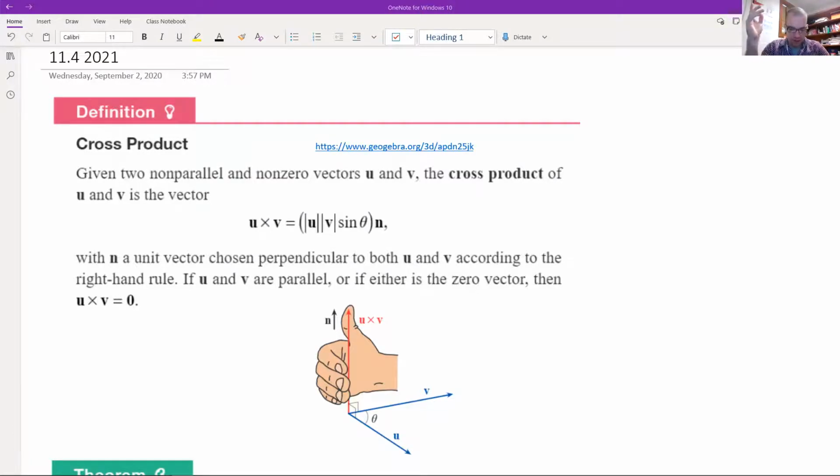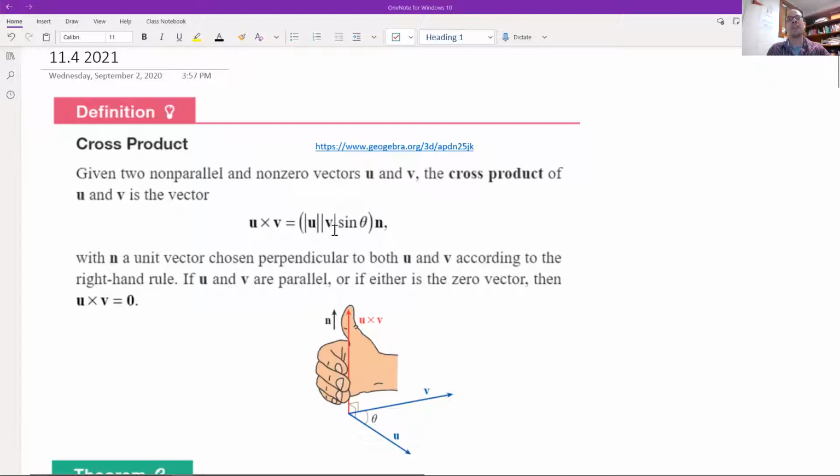Given two non-parallel and non-zero vectors, u and v, the cross product is defined as a vector. So dot product was just a scalar, just a number. The result of the cross product is actually going to be a new vector. And what this will be is the magnitude of u times the magnitude of v times the sine of the angle in between them.